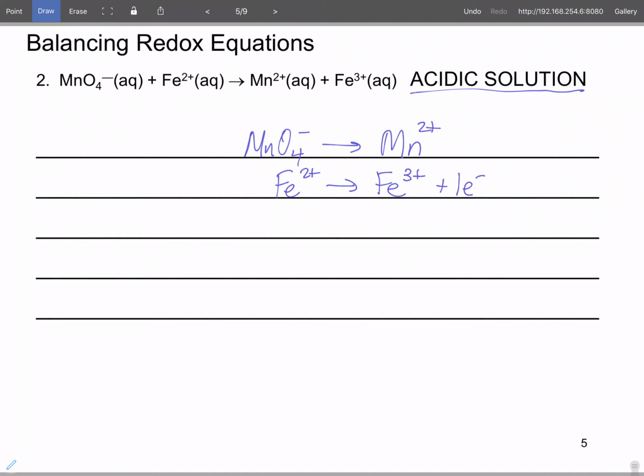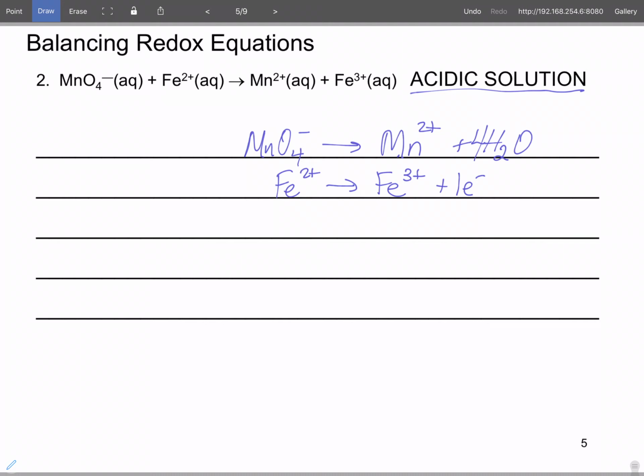So let's look at this one. We have manganese and we have manganese, so we have 1 and 1. We're good there. Okay, on the reactant side, we have 4 oxygens. How do we get 4 oxygens on the product side? Well, the only thing that we can add is water, and you have to have 4 of them in order to get 4 oxygens.